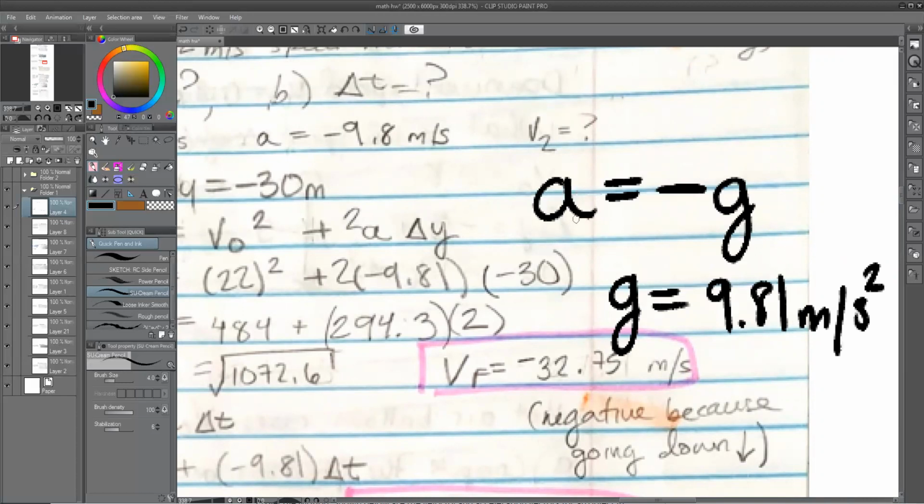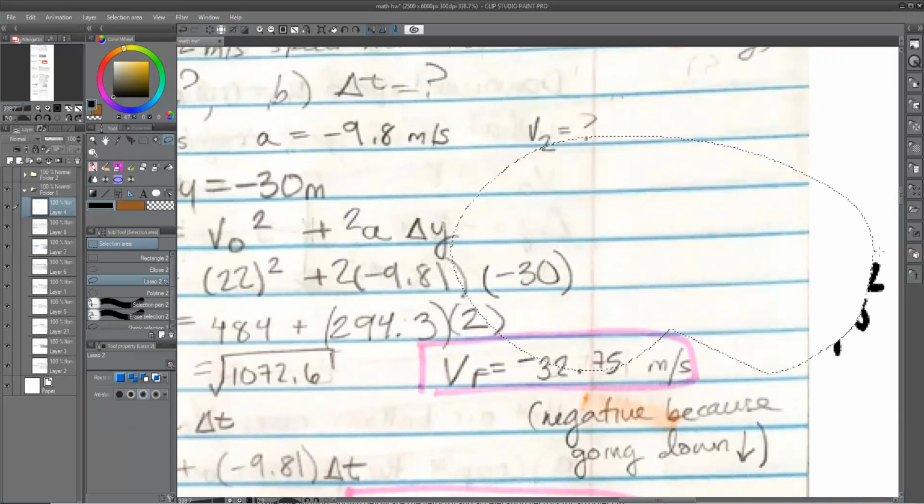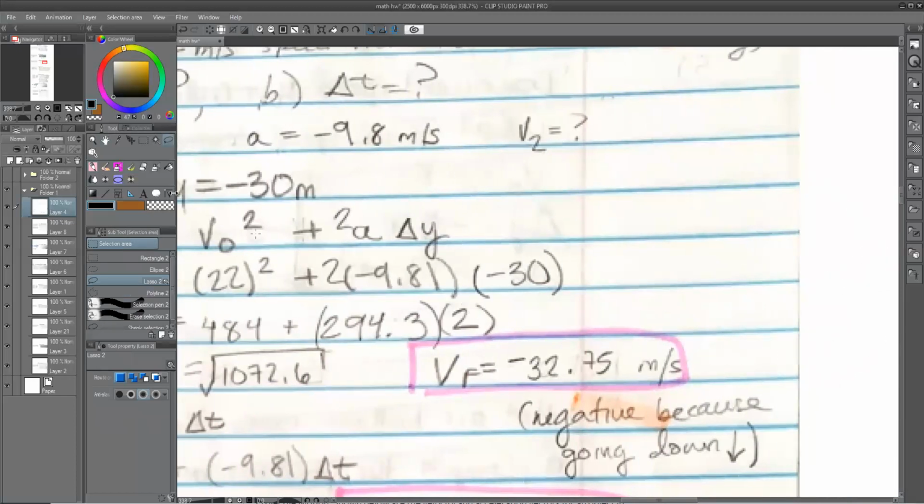It's important to know that whenever you're using the ay, it's negative 9.81 and not positive 9.81. And whenever you're plugging in just for g and you're not plugging it in as acceleration, it's going to be positive 9.81. Because this is ay, I can safely assume that it's going to be negative. So I can plug in negative 9.81.